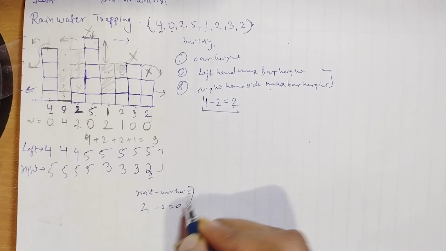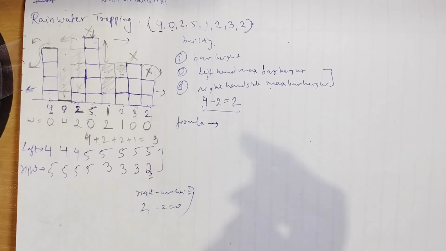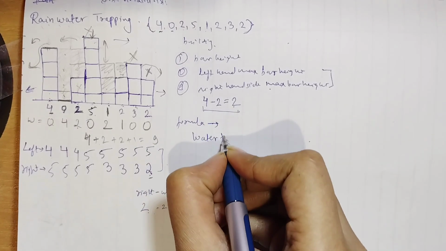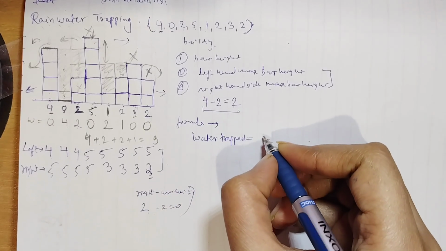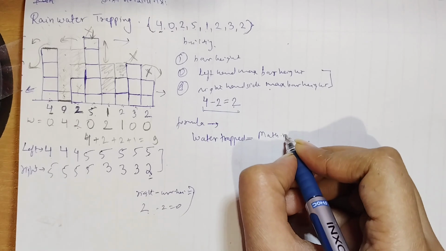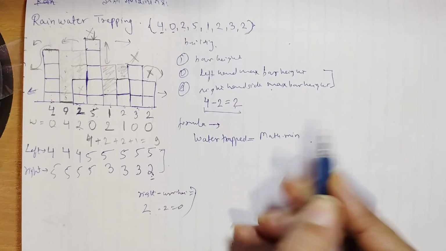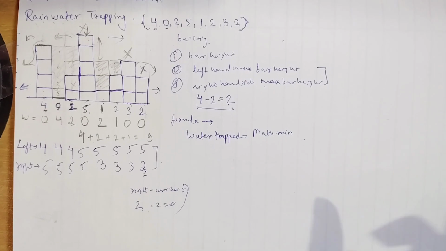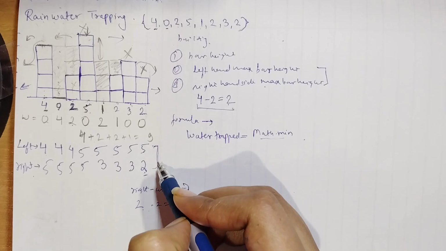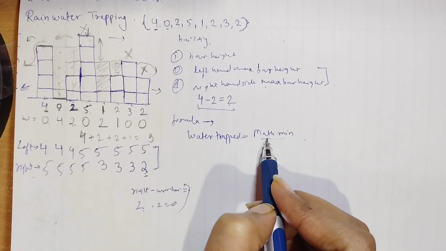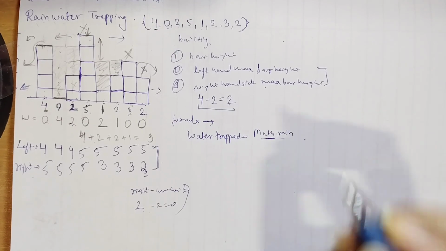So now I'll write our formula here. We are finding how much water will be trapped and how to find it. Our formula will be Math.min. Math.min will find the minimum value. It will compare two values which we will give. Okay, we are giving the left and right value. So this Math.min will compare these values, and whichever is the minimum value, it will take it.